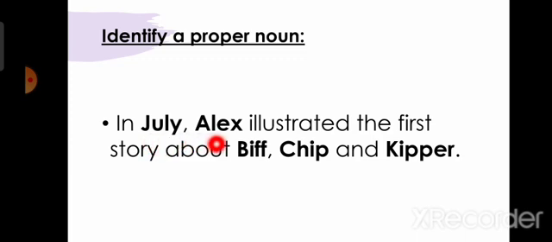July, Alex, Biff, Chip, and Kipper are the proper nouns. Alex, Biff, Chip, and Kipper are the names of people, while July is the name of a month. All they are proper nouns, and you know proper nouns always begin with capital letters.